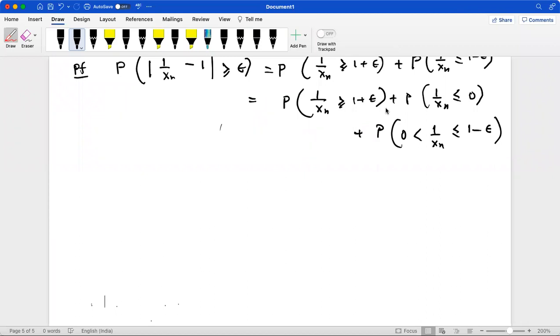So since xn tends to 1, that first part goes to 0. Since xn tends to 1, it can't be non-positive; it will be positive for large n. That probability can be negative, but that probability will go to 0, since xn goes to 1.